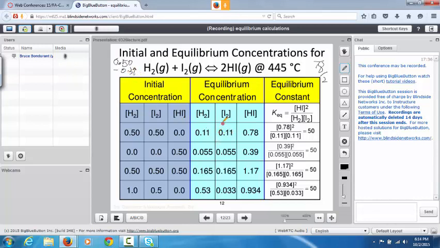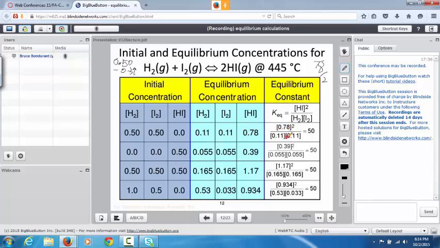That means that now, subtracting that 0.39, you get 0.11 and 0.11. This is your equilibrium concentration. So you have a change of negative 0.39 for each of the initial ones, a change of plus 0.78 for the HI, and then you get this equilibrium concentration.